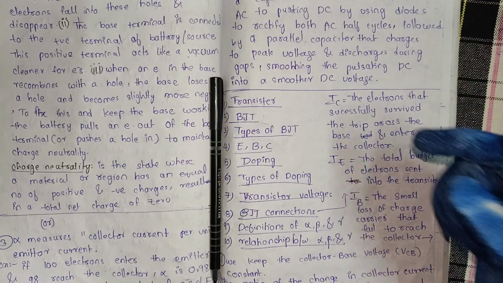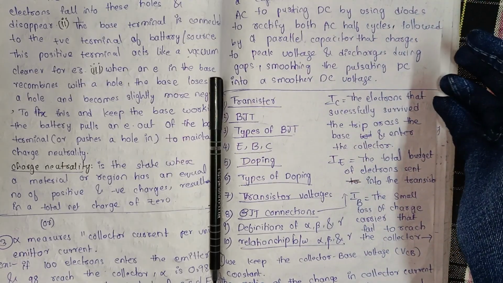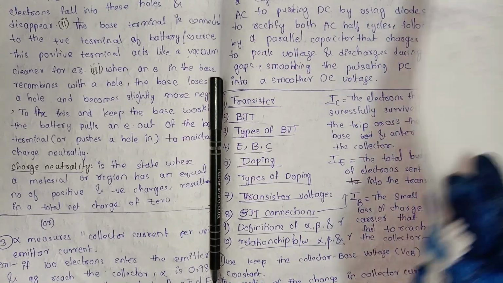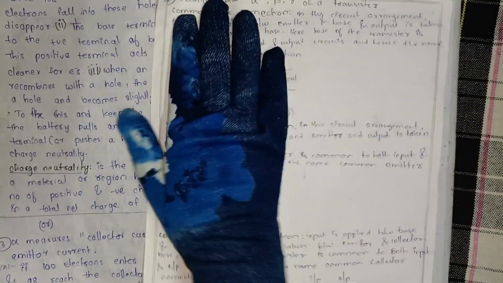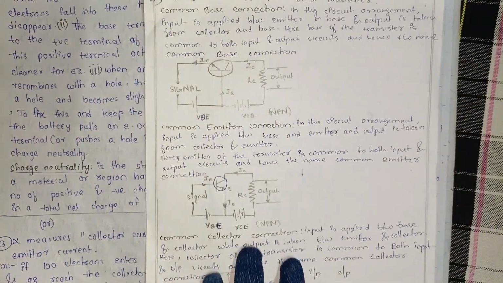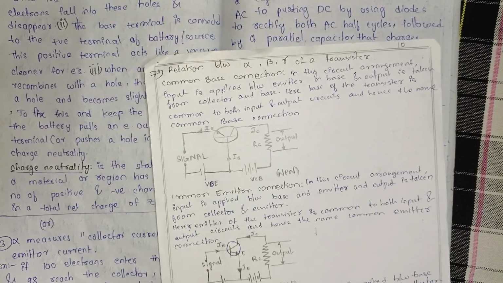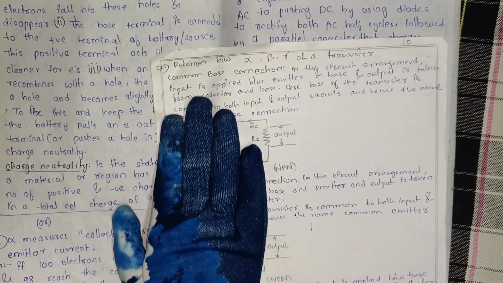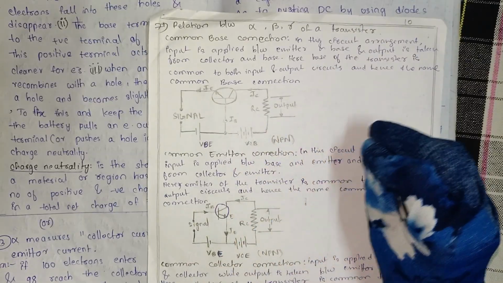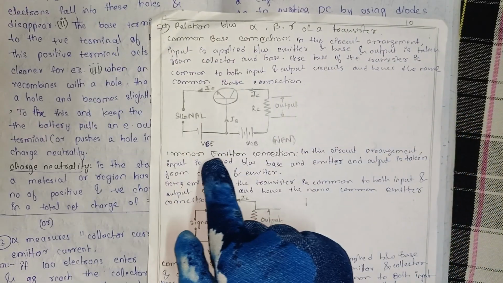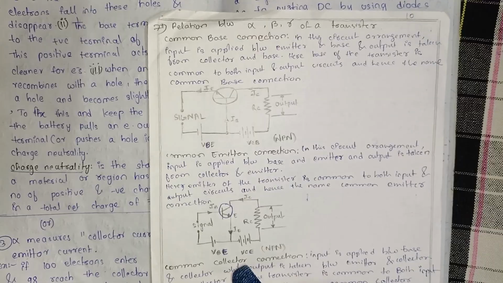So then we will see BJT connections. Three types of BJT connections are there: common base, common emitter, and common collector.